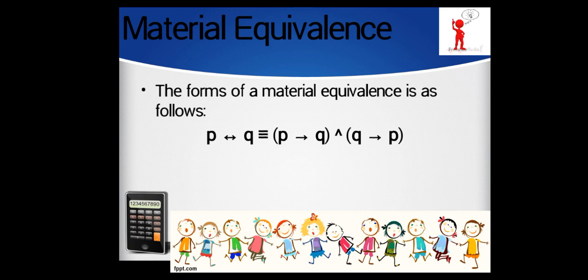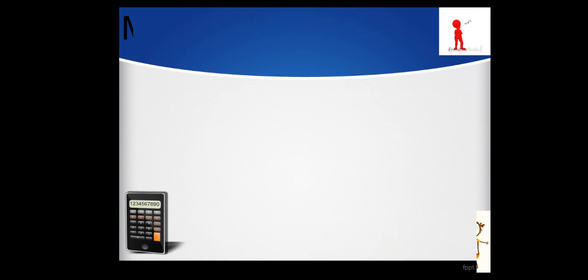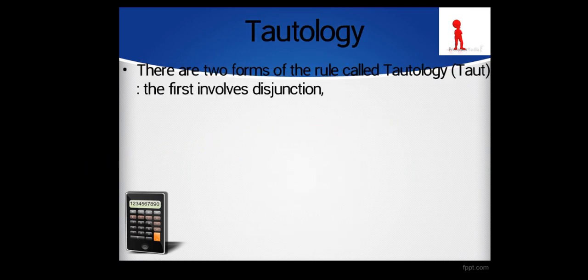The same principle goes to the second form of material equivalence. So that is for the material equivalence. And we will proceed to the tautology. When we say tautology, there are two forms of the rule. The first involves disjunction, the or.